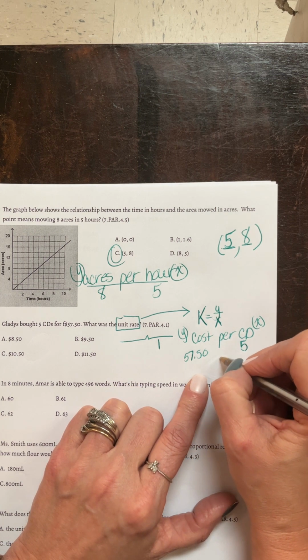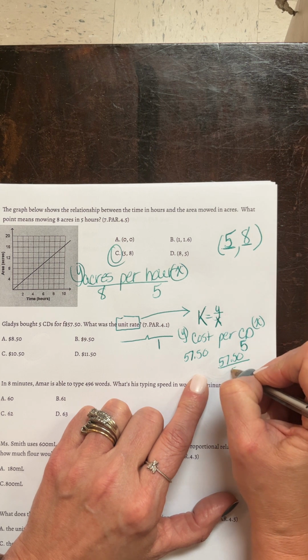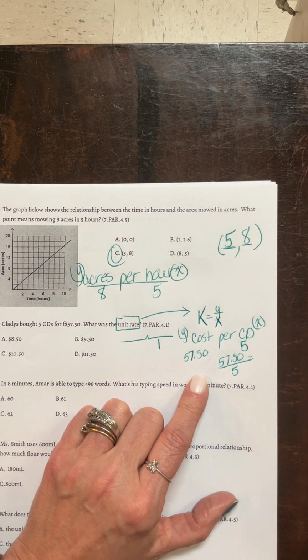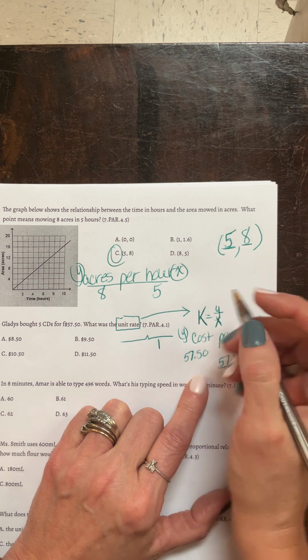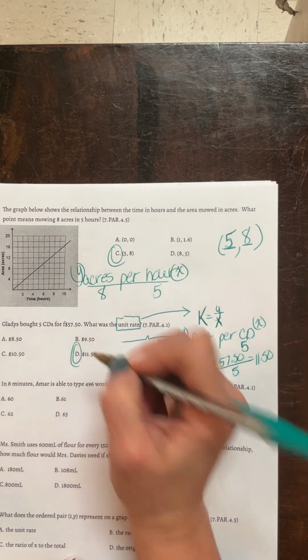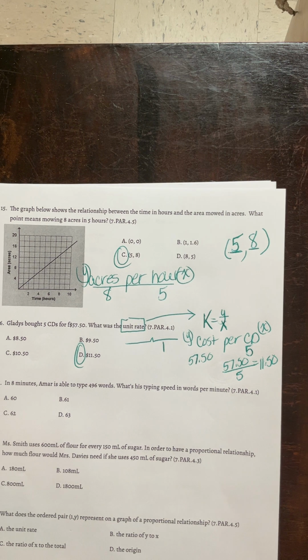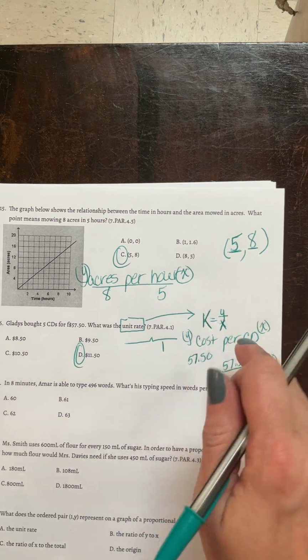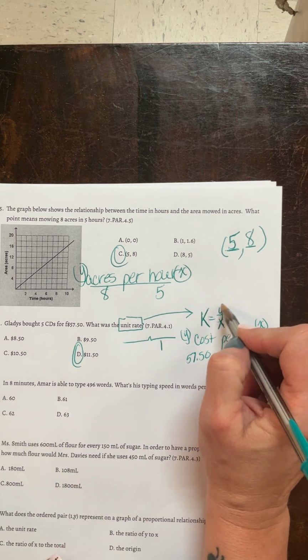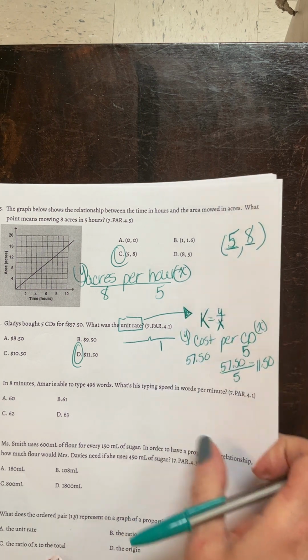When we write that Y over X, $57.50 over 5 is $11.50. And there you go. We could do the cross multiplying and dividing, but when you finally understand that unit rate is K, that's all you've got to do to find unit rate.